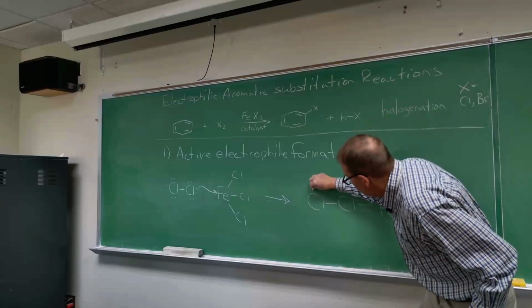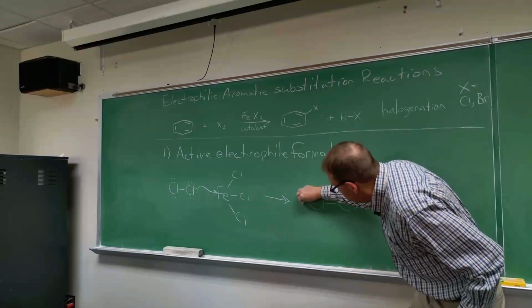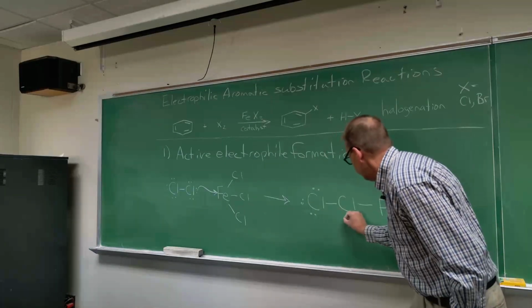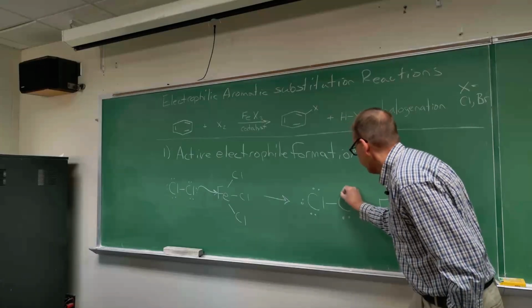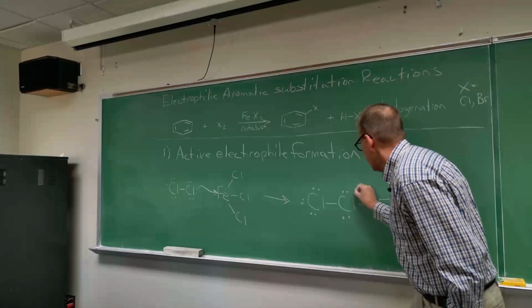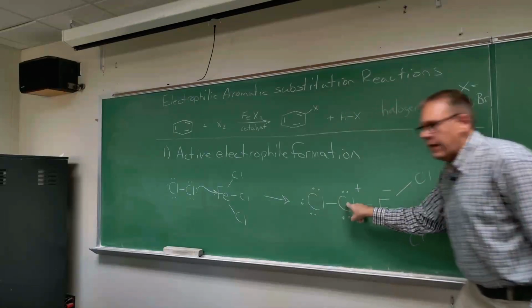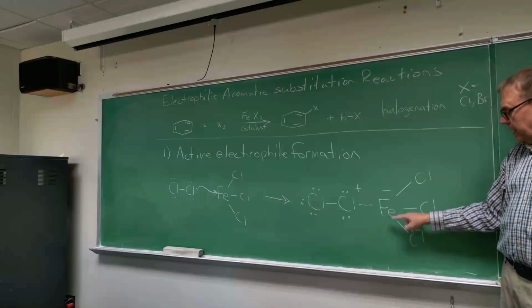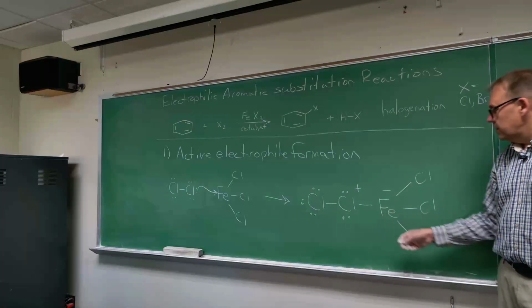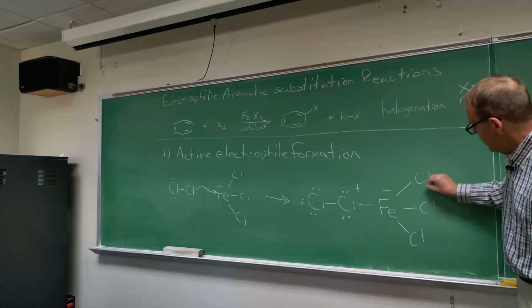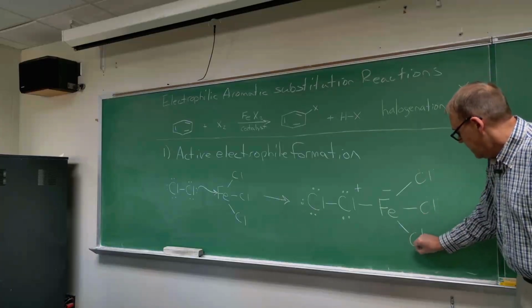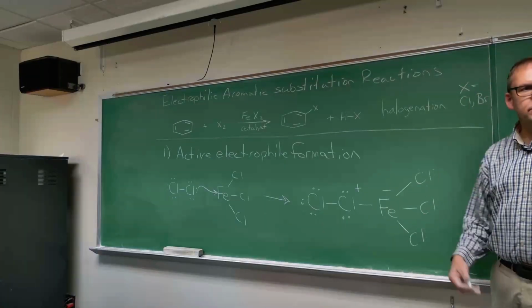And I'll draw in all the lone pairs here on the chlorines that came from the chlorine molecule. That one has a formal plus charge, so it's really very electron poor. And then the iron has developed a formal minus charge. And all these other chlorines have 3 lone pairs as well, but they're not the focus of what's interesting about this molecule.